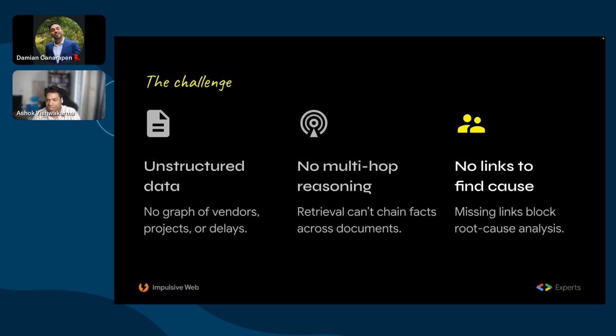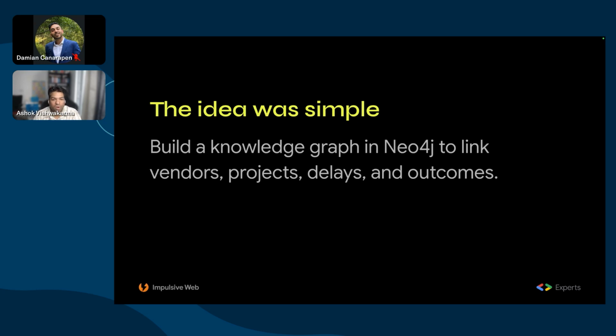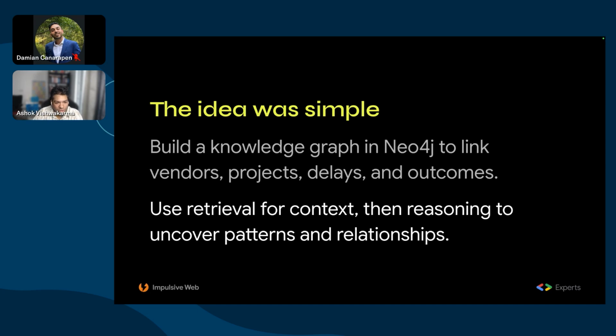There was not sufficient information to tell, okay, this is happening because of these specific reasons. So we thought, why not leverage Neo4j and build all these individual entities into nodes and relationships, so that with the semantic match from the database itself, we can also refine that with lots of insights coming from Neo4j with the data. So we used retrieval for context, but we also have some sort of reasoning to uncover patterns and relationships on top of it.